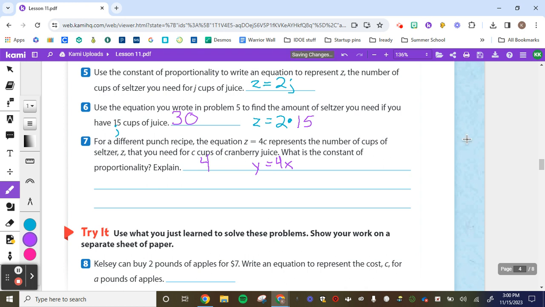If the constant of proportionality is 4, you will multiply 4 times all your x, whatever your x value is. So 4 times, in this case, x is cranberry juice. So 4 times how much cranberry juice you have equals how much seltzer you're going to need.